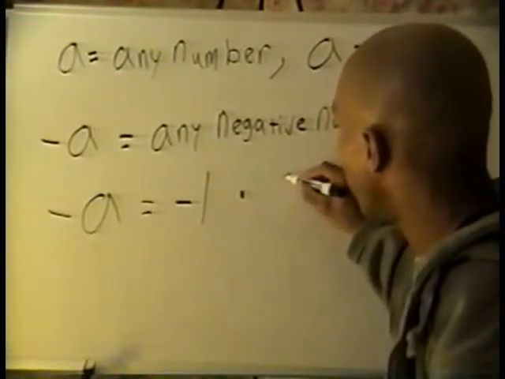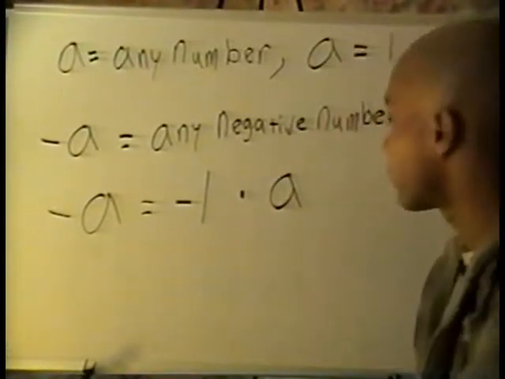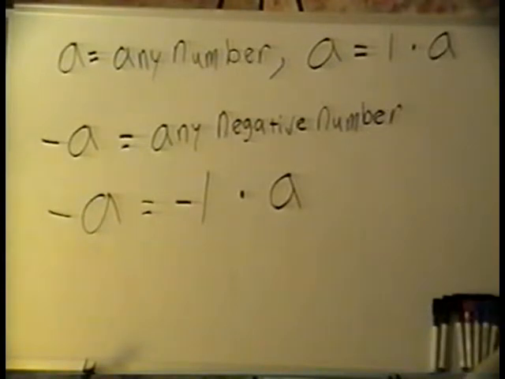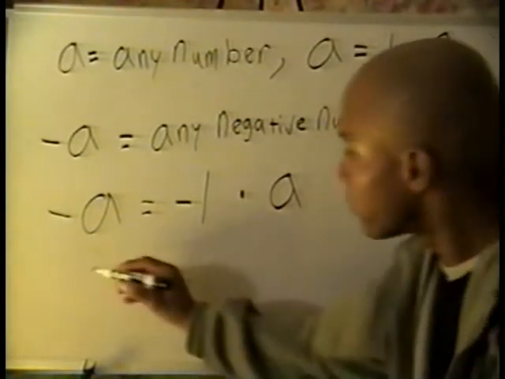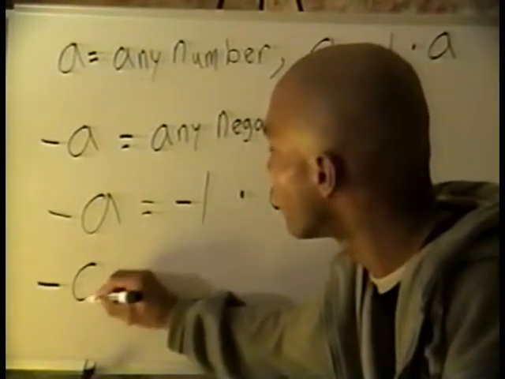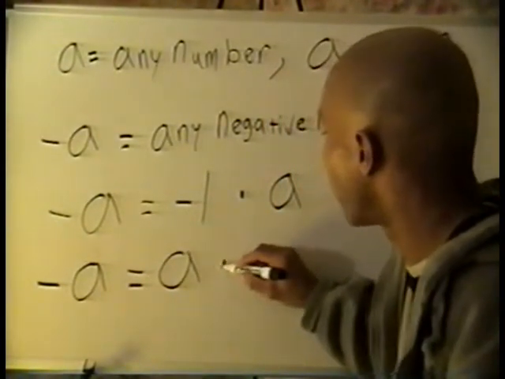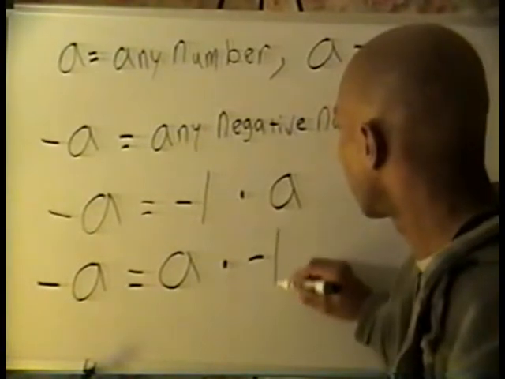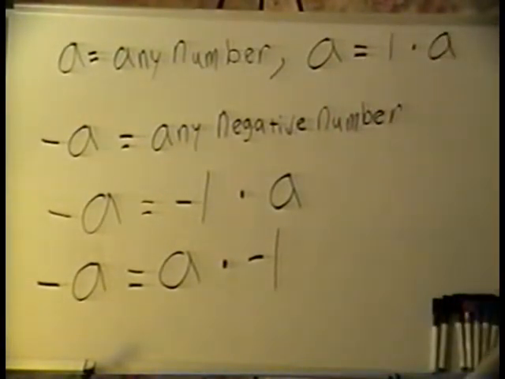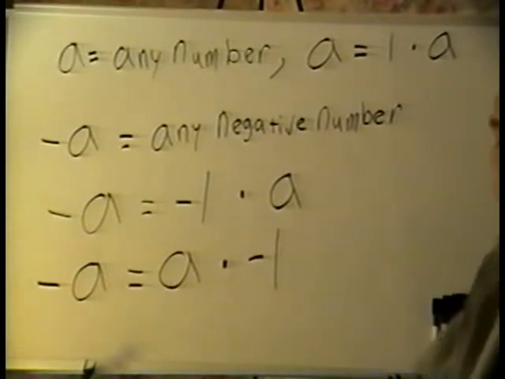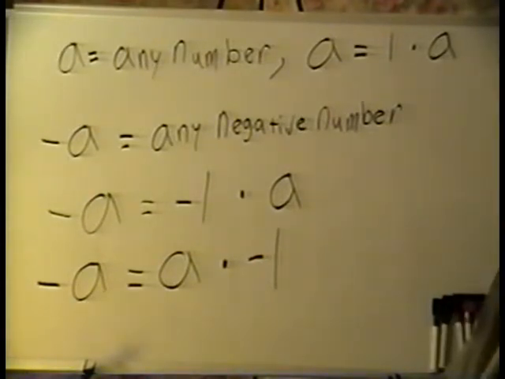A negative 1 times A. Also A times negative 1. So a negative A, or any negative number, you can factor out a negative 1.